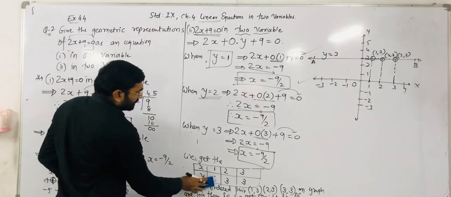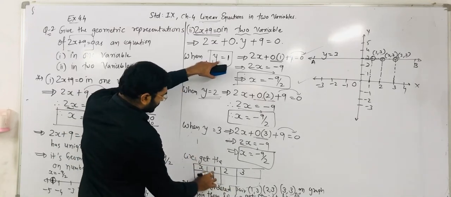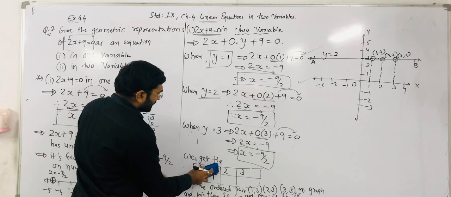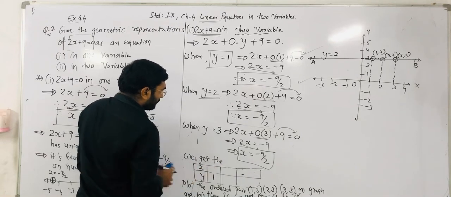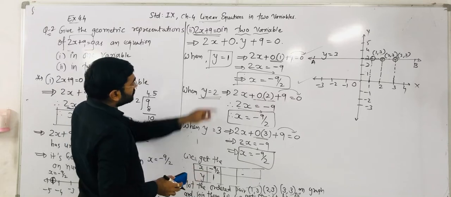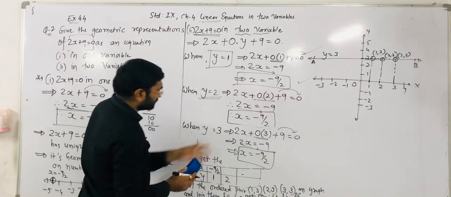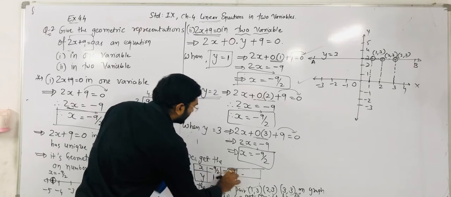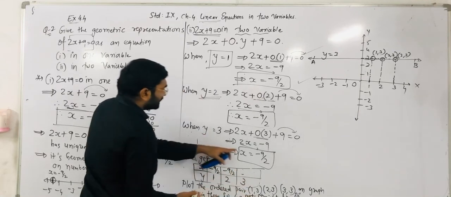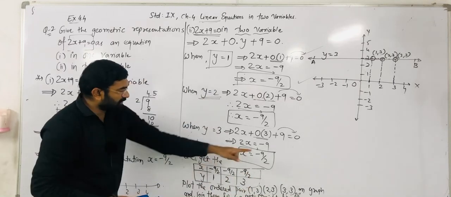So whenever we take y as 1, then the x value is minus 9 by 2. When y is equal to 2, then the x value is minus 9 by 2. When y is equal to 3, then x is equal to minus 9 by 2. So all x values are equal.